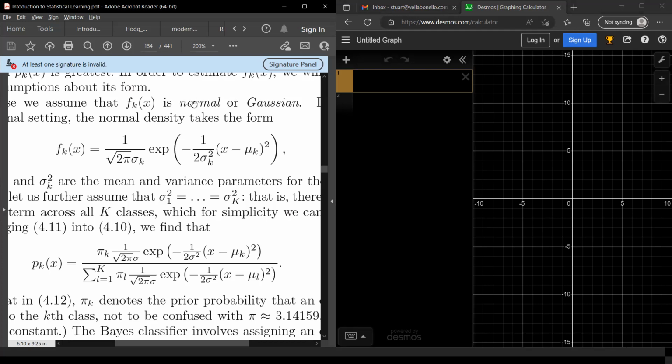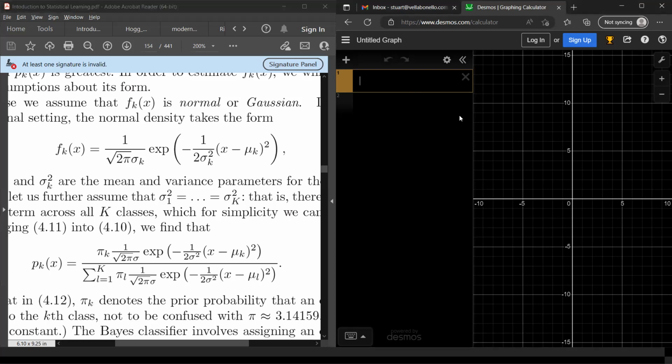So for example, the heights of individuals: if you take a random individual, take another random individual, they're not always going to have the same height. And that's two parameters. It is mu and sigma.